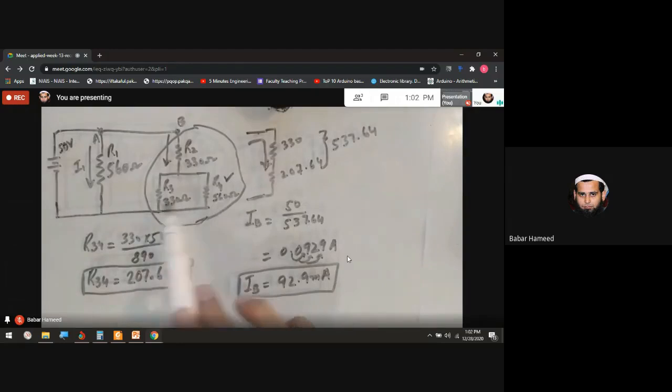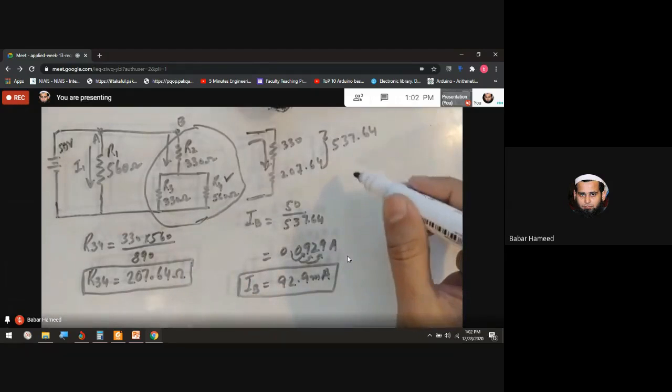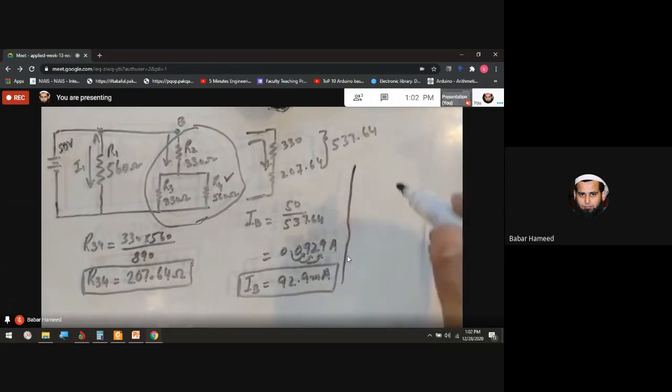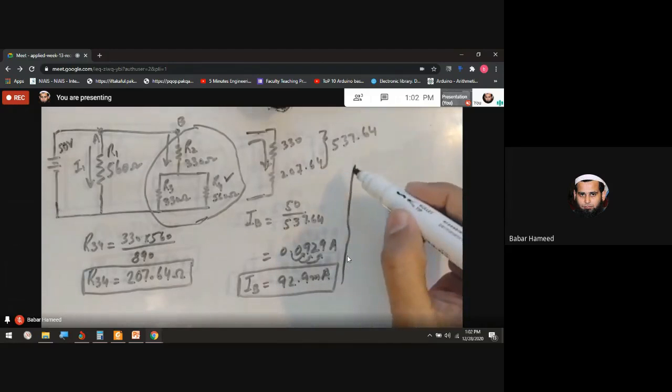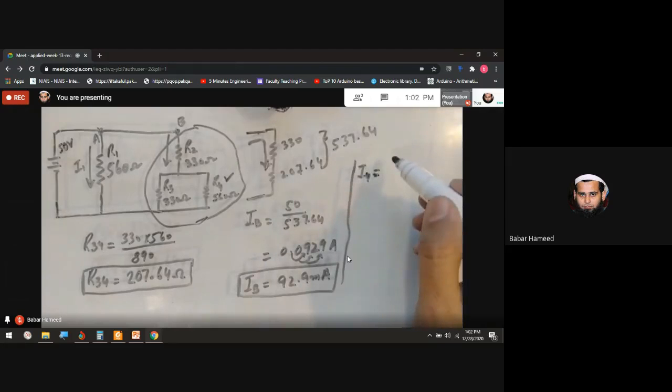and will be divided between R3 and R4, and the target we have to achieve is to find the current through R4. What we can do is simply apply CDR here, so that the current through R4, that is I4, will be equal to R3.